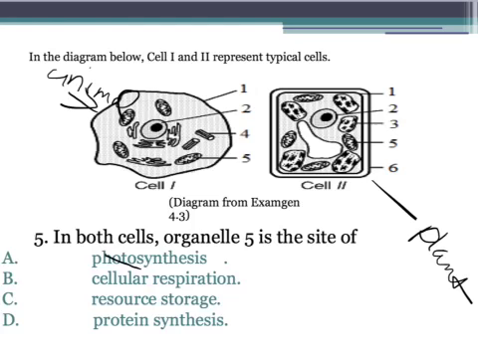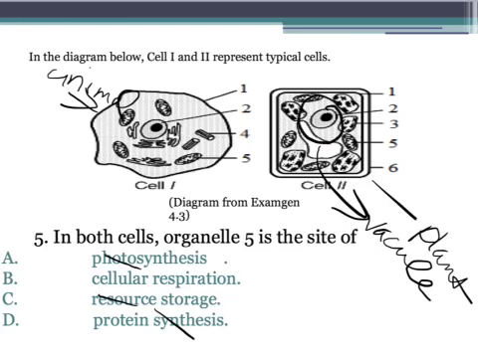This here is the vacuole, and I know that because it's extra large. In a plant, because a plant can't go get its own food, the vacuole is extra large. So that gets rid of resource storage. It's not pointing to the nucleus, which is over here, so it can't be protein synthesis. So it's got to be cellular respiration.